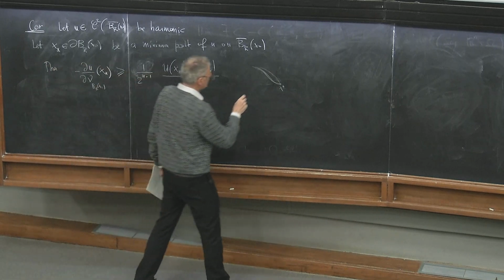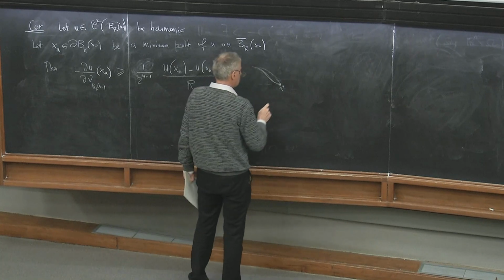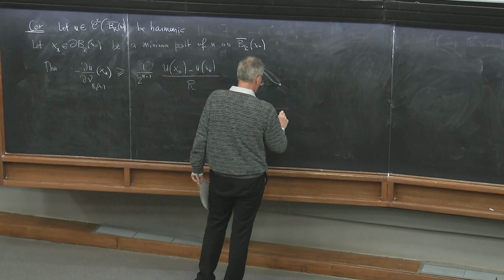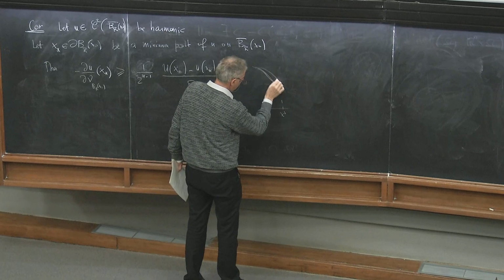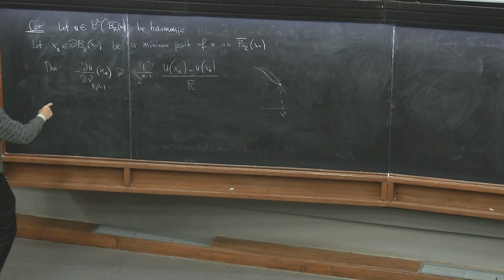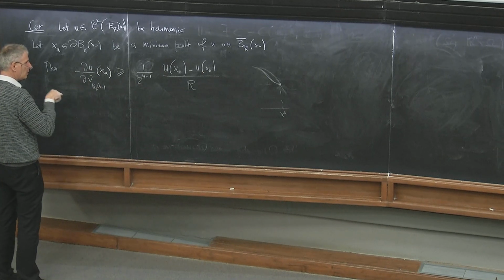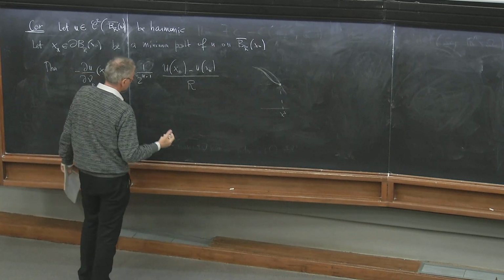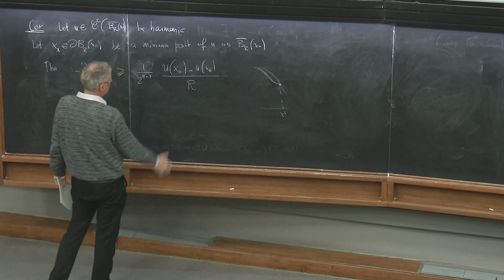I'm reaching the boundary at the point x star where U is minimum, with some positive slope. This nu is outward, so the normal derivative is strictly negative, unless U is constant.